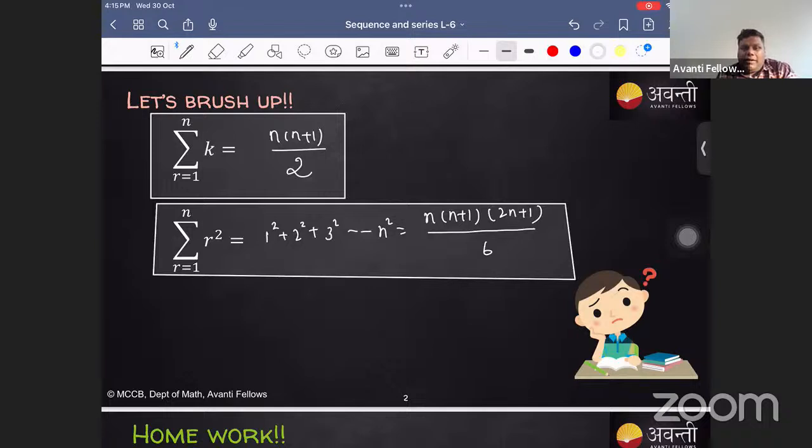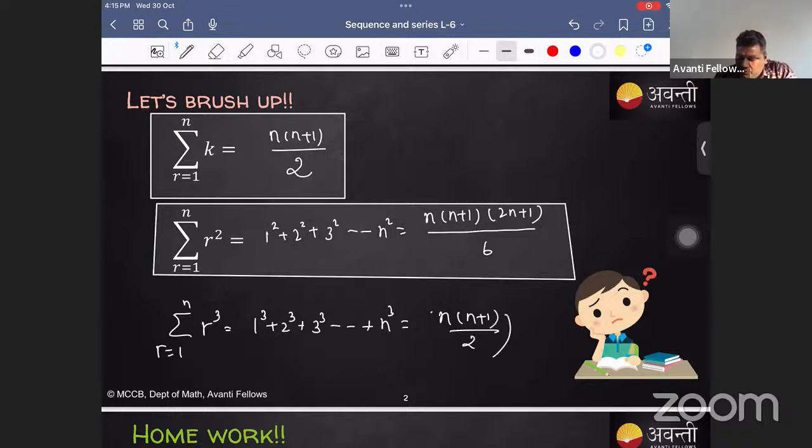One more formula that you will be remembering is sigma r cube, r from 1 to n. That is 1 cube plus 2 cube plus 3 cube and so on up to n cube, and it is n into n plus 1 by 2 whole square.